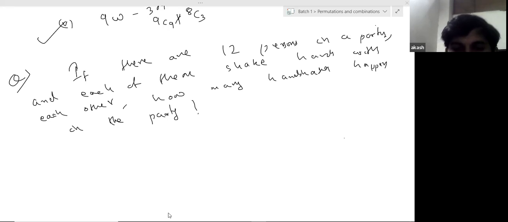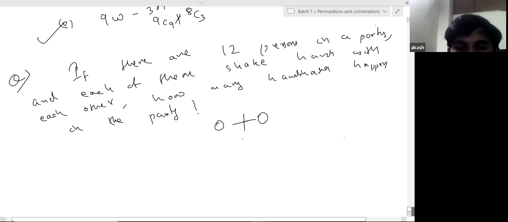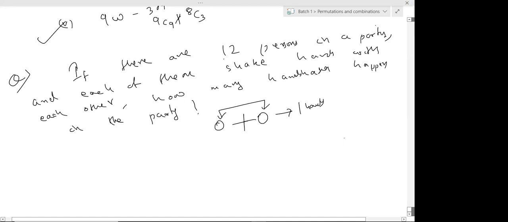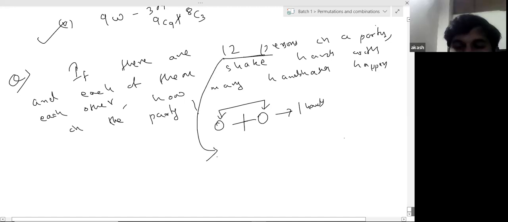See, for each handshake, we need two persons. As soon as two persons meet, we have one handshake. So out of 12 persons, the number of pairs we can choose will be the number of handshakes that are happening.